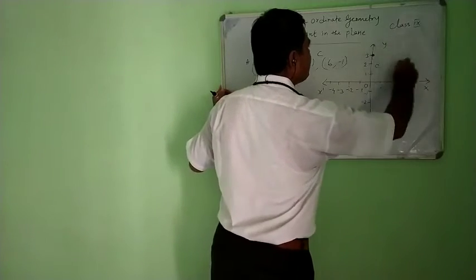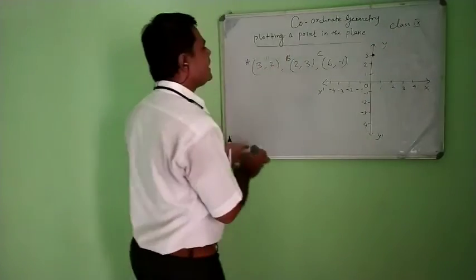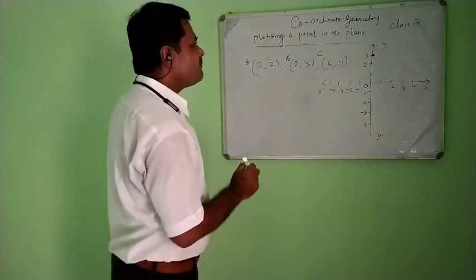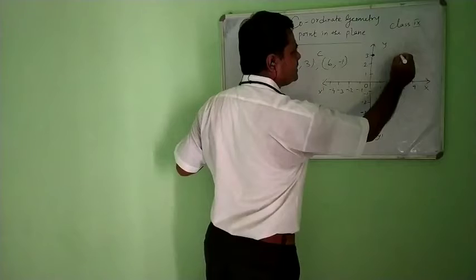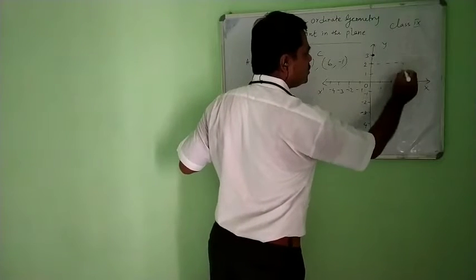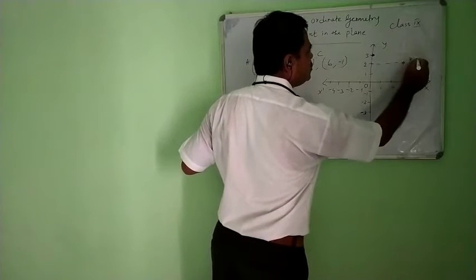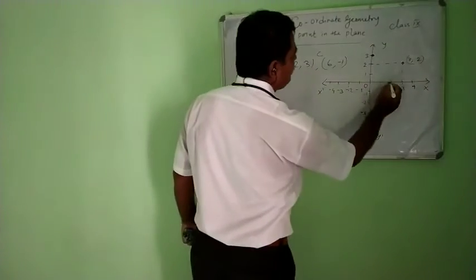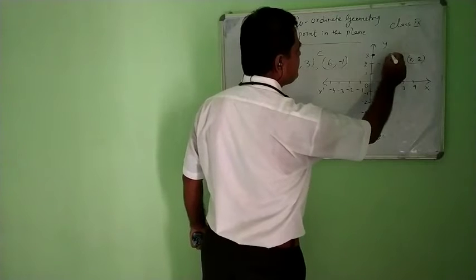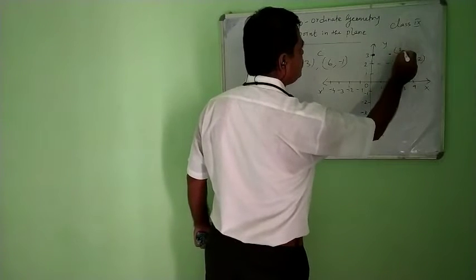See, it is easy to plot, and you will apply the same method. First (3, 2). Where are 3 and 2? This is the point (3, 2). Next is (2, 3). 2 is this one and 3 is this one. So we write here (2, 3).